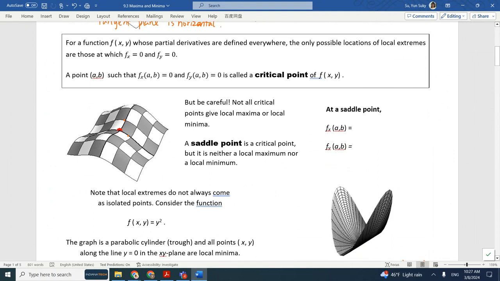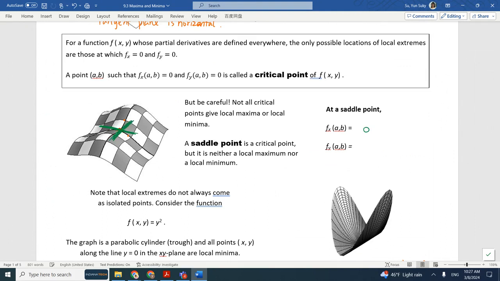Okay, be careful. Not all the critical points give a local extreme, maximum or minimum. A saddle point is a critical point, but it's neither a local max nor a local min. Do you see this saddle point? If you look at the x, partial f partial x is 0.